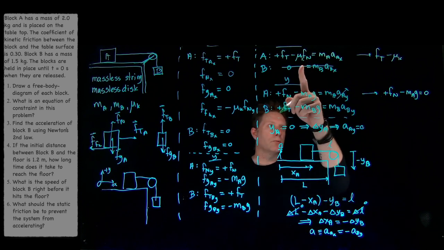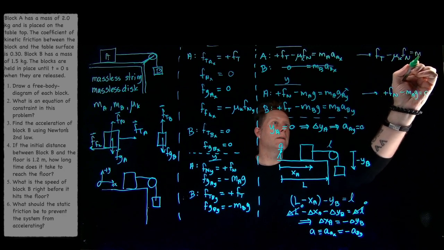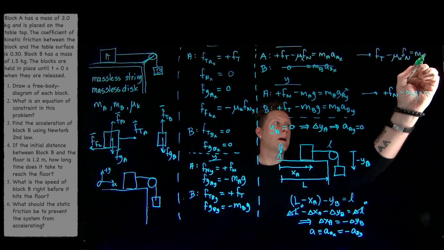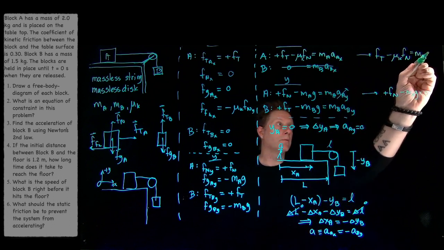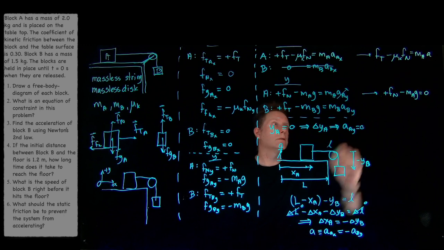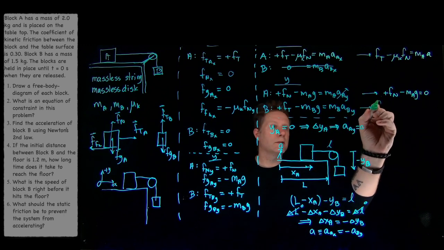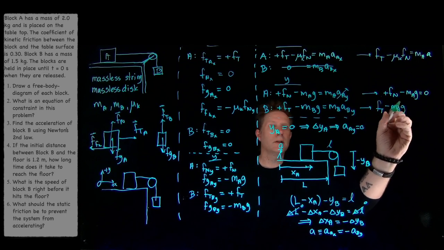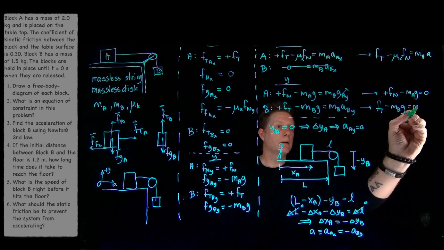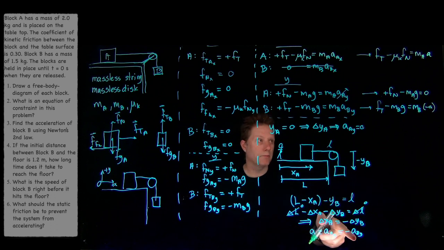That's the normal force, equals mass A times the acceleration of A in the x direction, but that's just what we call A for now. We have this equation right here that tells us the tension force minus mass B times the acceleration of gravity is equal to mass B times negative A, which is going to come from here.